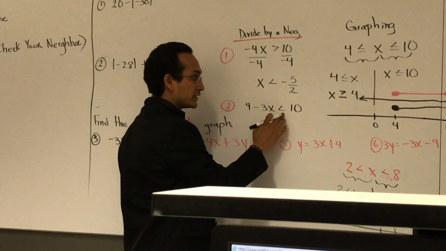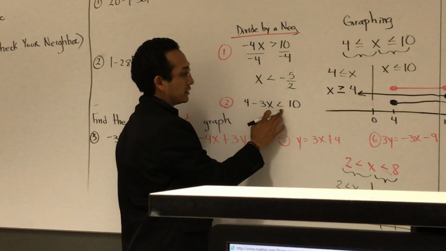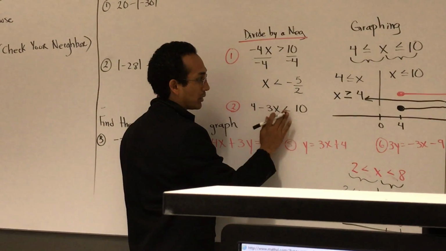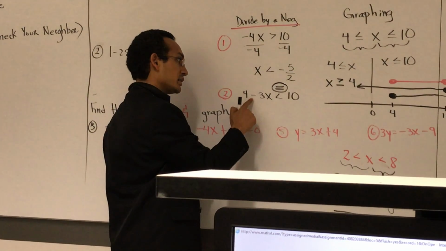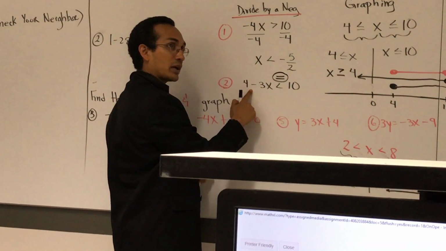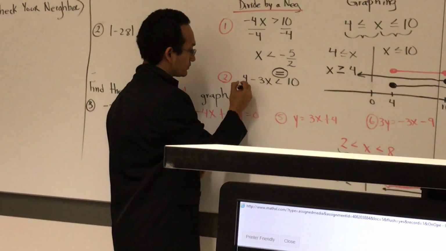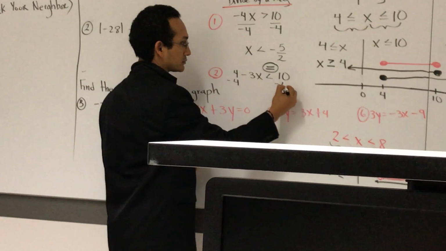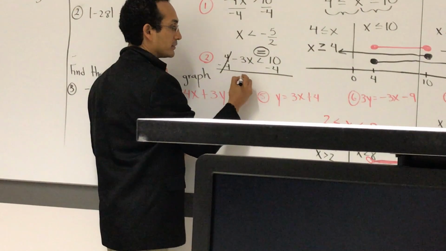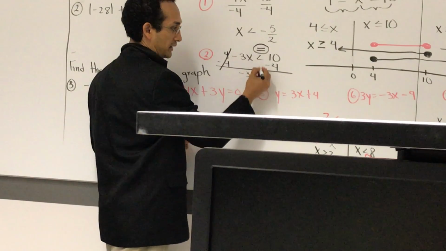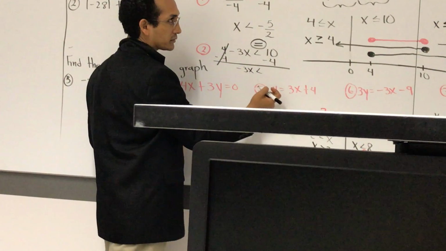Pretend that this is going to be an equal sign. So for now we're going to erase it, or pretend it's an equal sign. The first thing you do, you need to subtract 4 from both sides. And this becomes negative 3x is less than 10 minus 4?